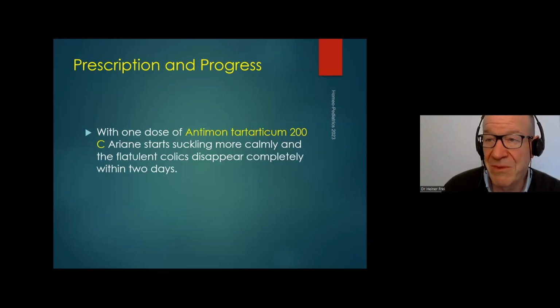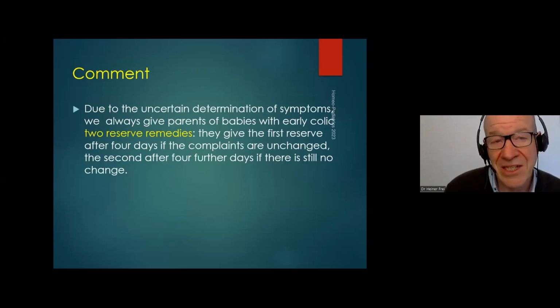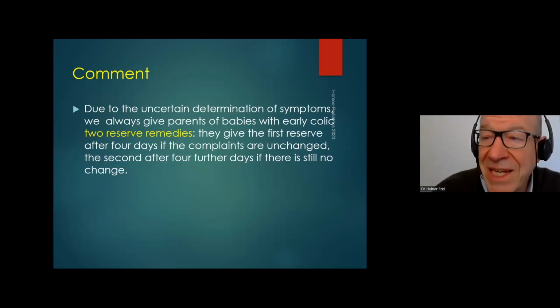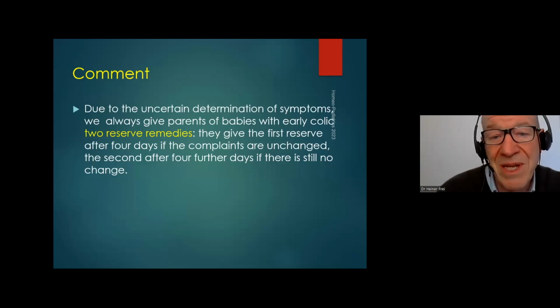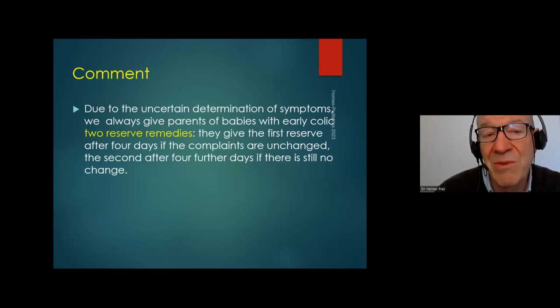So that's the easy way out, you see. It's not always that easy because often we have difficulties to find good symptoms in these small babies. So actually what I always do, I give the baby the first remedy, in this case antimonium tartaricum, and I give also 2 reserve remedies to the parents, in this case aurum and pulsatilla.